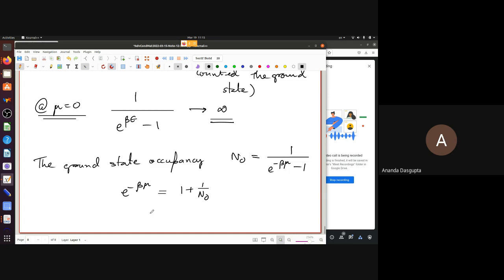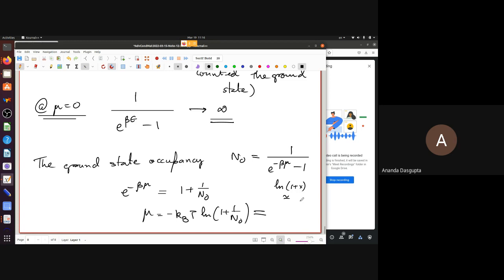And if N0 is macroscopically large, that means it's of the order of 10 to the 23 or so, then of course this is a very tiny number. And for a very tiny number x, log of 1 plus x is approximately how much? 0, sir. Oh, for x, yeah, that's true.